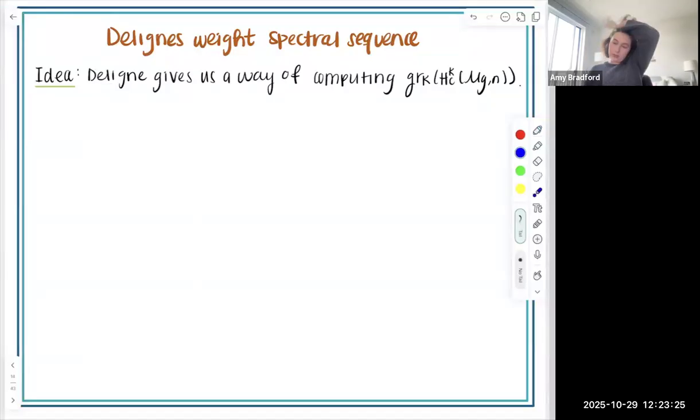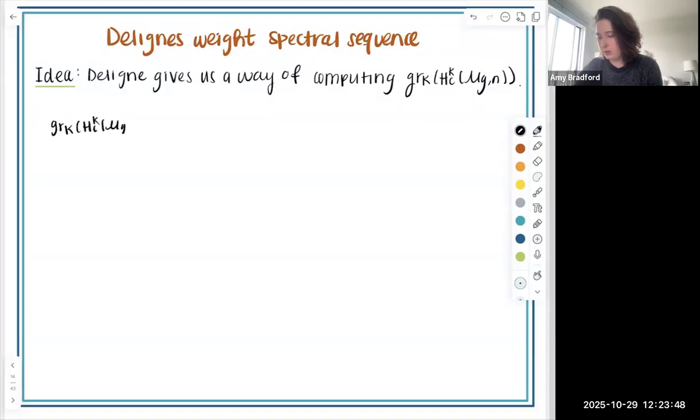Okay, and so Deligne also gives us a way to expressly compute this graded piece of the cohomology. And let me just tell you the algorithm for how we can do this. And so it turns out that this kth graded piece, we can turn this into studying a complex.